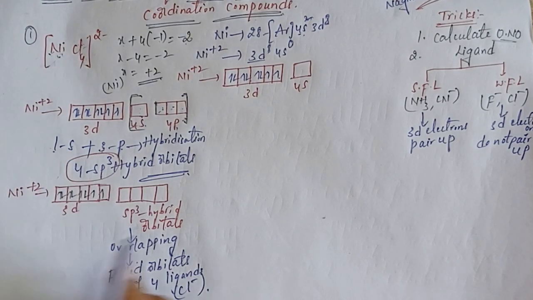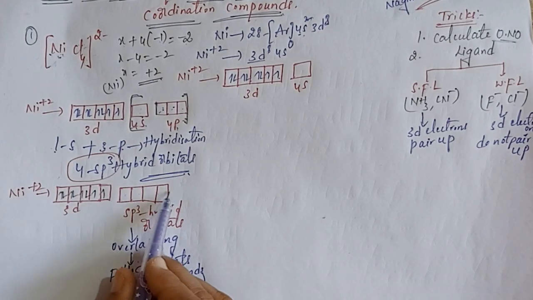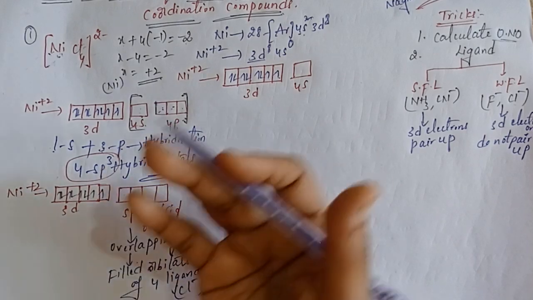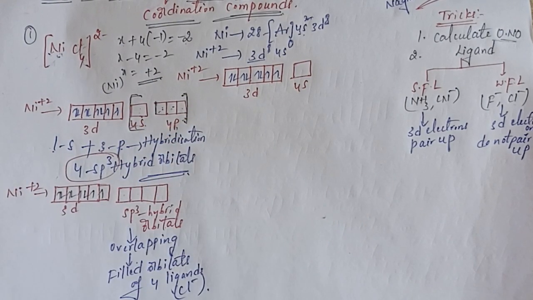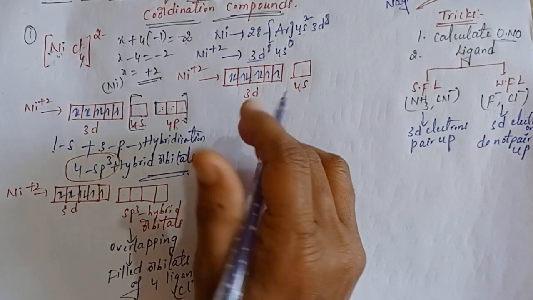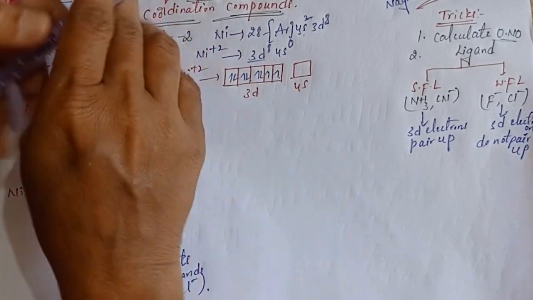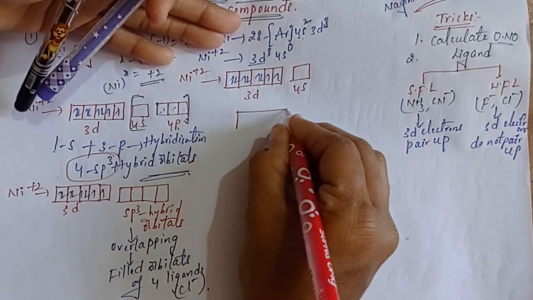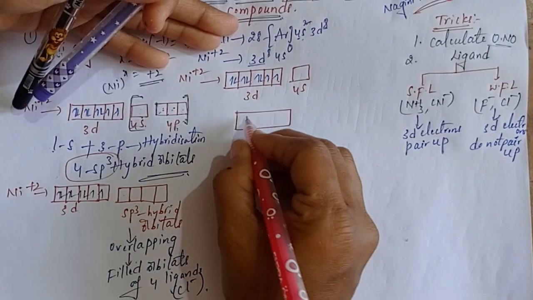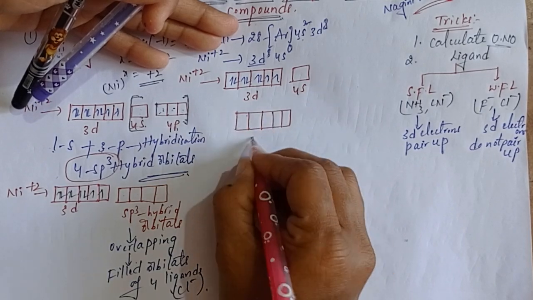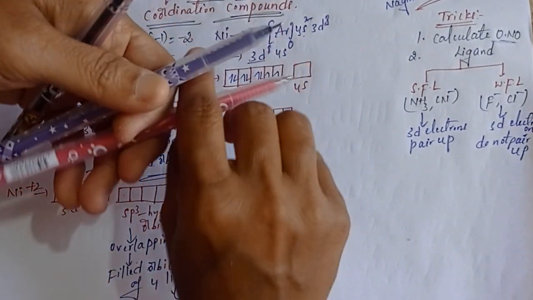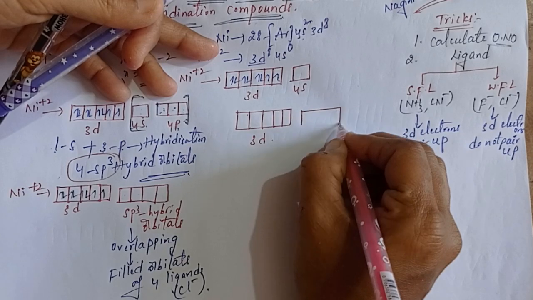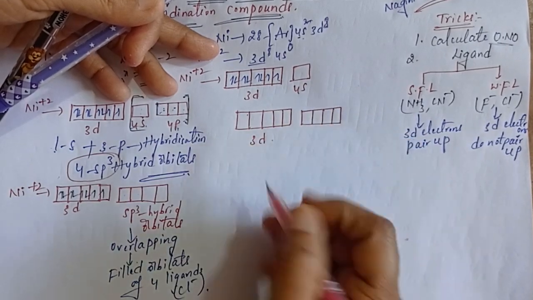Okay, now see, students, here 4 vacant boxes are there. These 4 vacant boxes will become paired because of overlapping. Now see here, this electronic configuration I am writing like this. 3d. Next, these 4 boxes also will get paired.